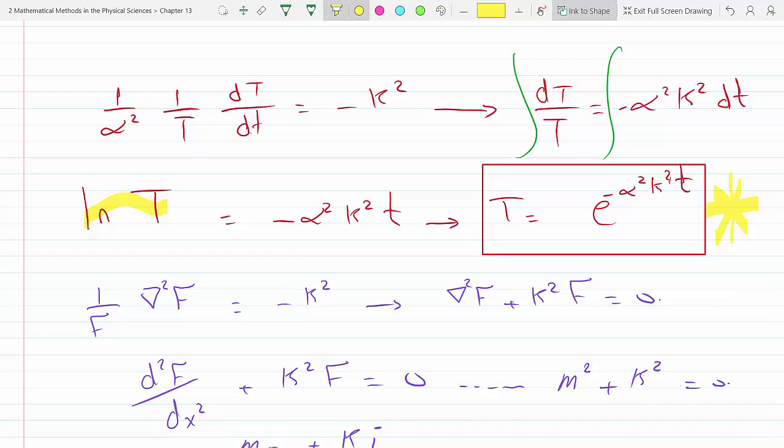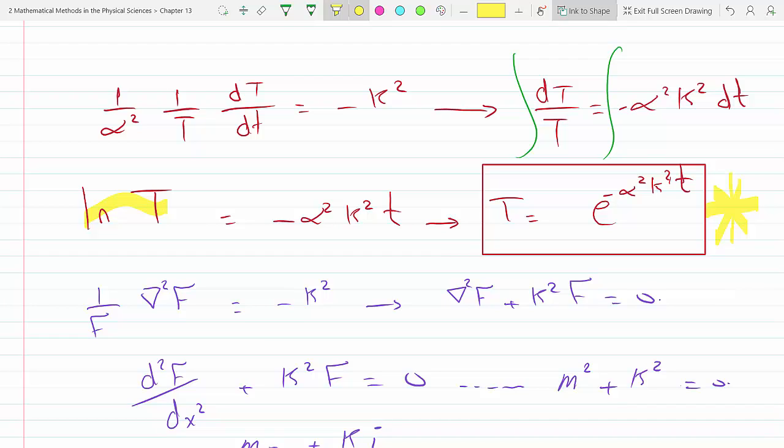This is a second order linear differential equation, homogeneous. You know, we've done this many times in differential equations. All you do is assume solutions in the form of exponentials.